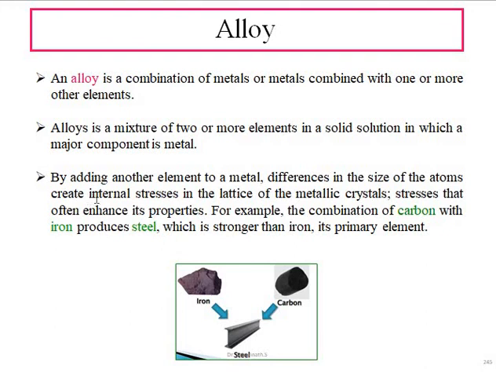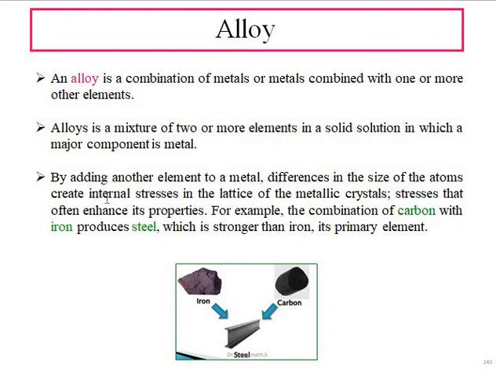Okay, these critical stresses can be due to compression, because the new atom is of a larger size than the basic atoms; in such cases it will induce some compressive stress. If the atomic size is smaller than the original atom, it will induce tensile stresses.